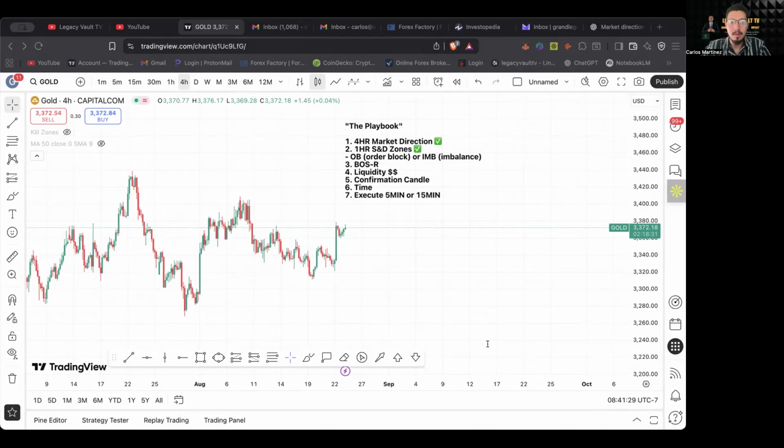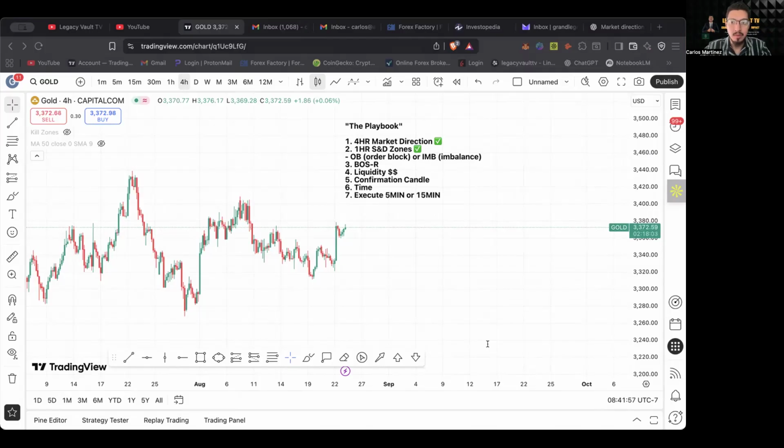Supply and demand zones, let's start with that. A supply zone is an area where selling pressure is strong and price often reverses downward when it returns to the zone. This is an area where large institutions, central banks, and traders are unloading positions.